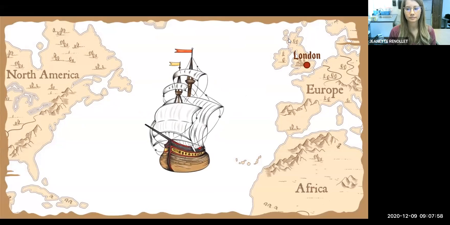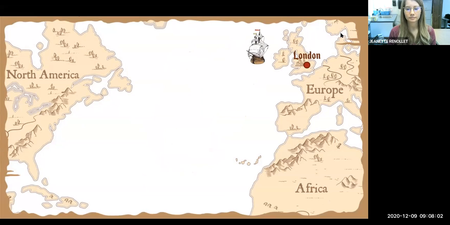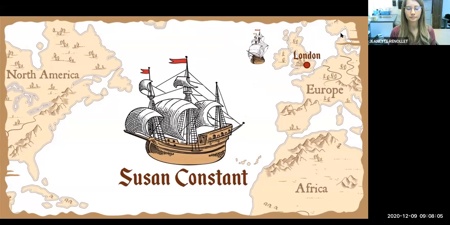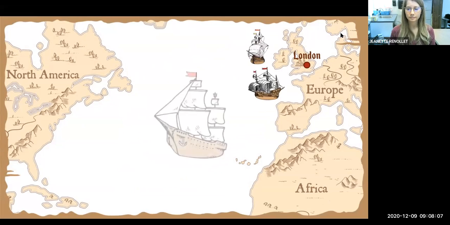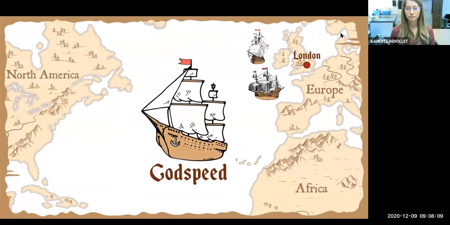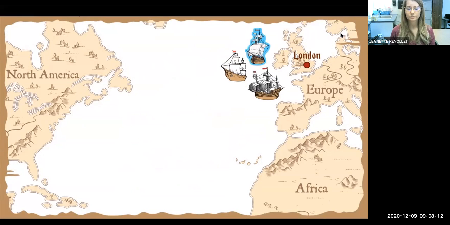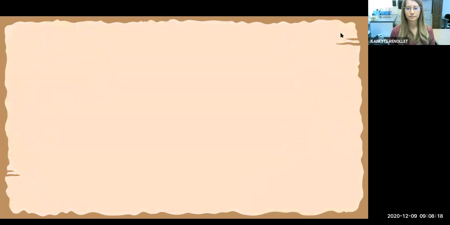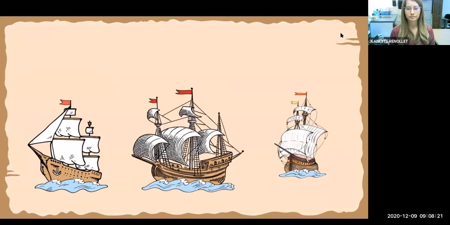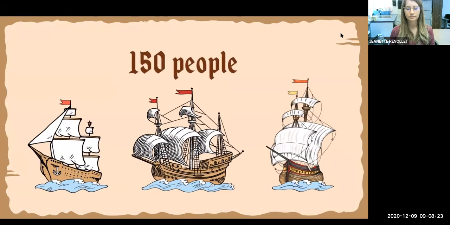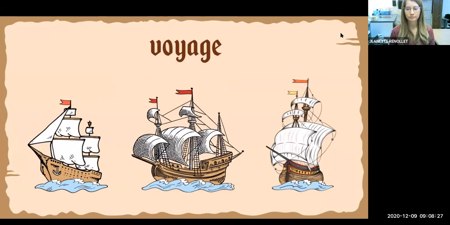They traveled aboard 3 ships: Discovery, Susan Constant, and Godspeed. The Discovery was the smallest ship, while the Susan Constant was the largest. These ships carried nearly 150 people on a voyage to North America. A voyage is a long trip taken by sea or air.